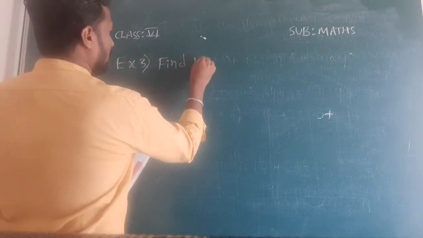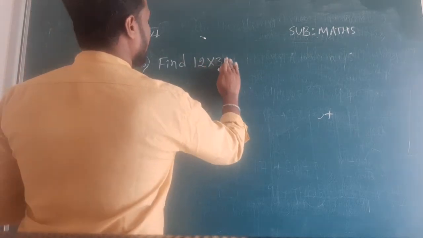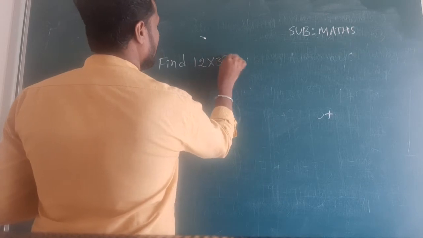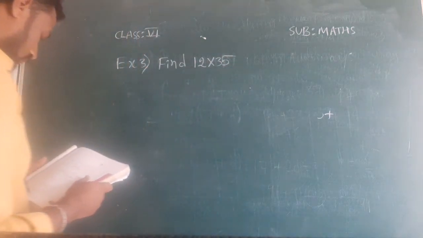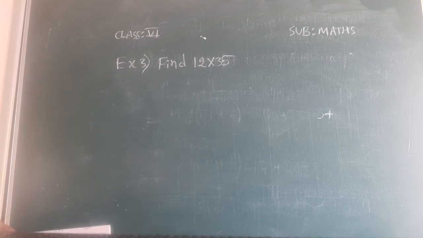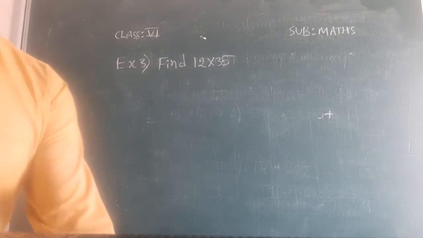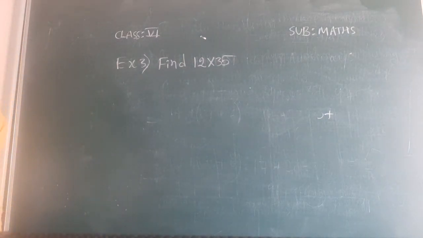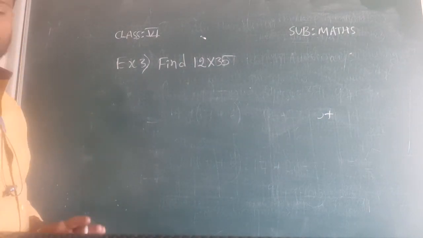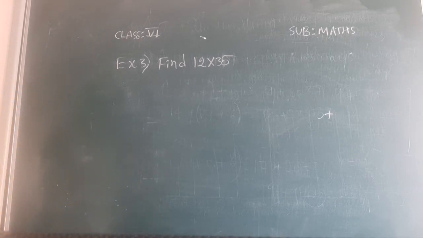Find 12 into 35. So now here we have to multiply 12 into 35.